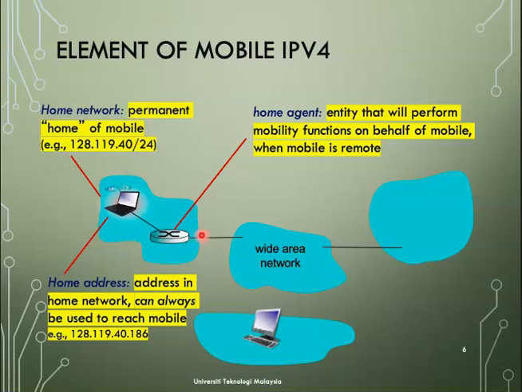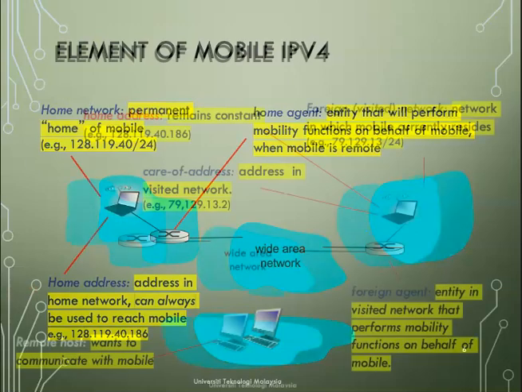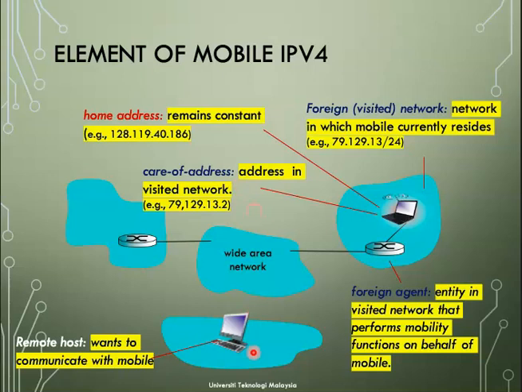So what is foreign agent and what is remote host? Another element here, remote host, is the user that wants to communicate with the mobile host. Another term here is foreign or visited network. Just now we identified the home network, which is here.